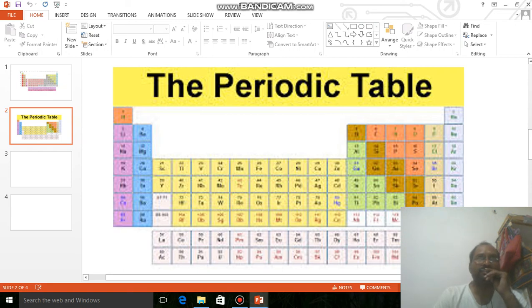By contributing these 3 electrons, it will get 3 more electrons from the neighbor atom, so finally it contains 6 electrons in its outermost orbit. But to get stability, it requires 8 electrons. That is called the octet rule.